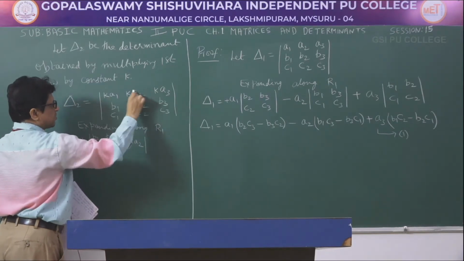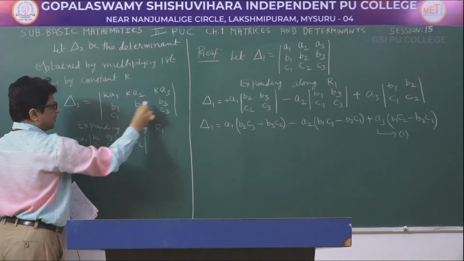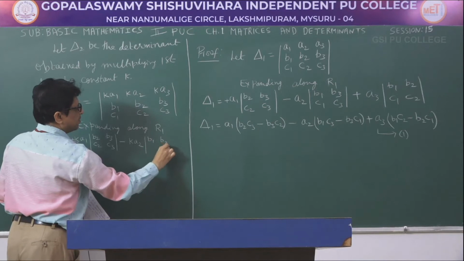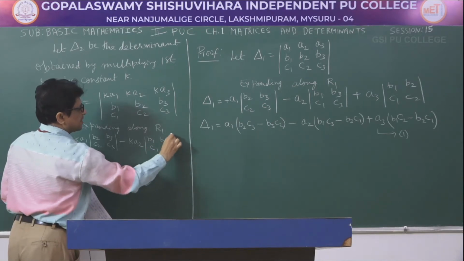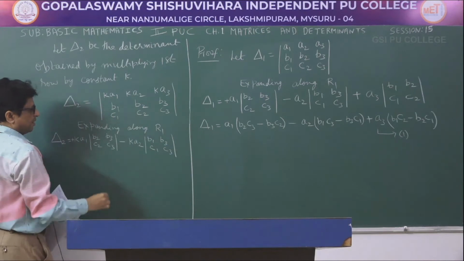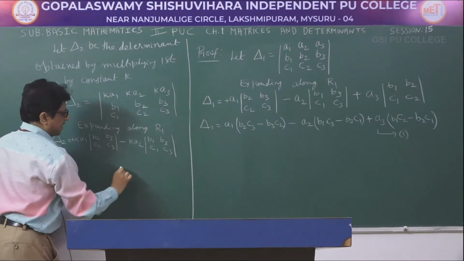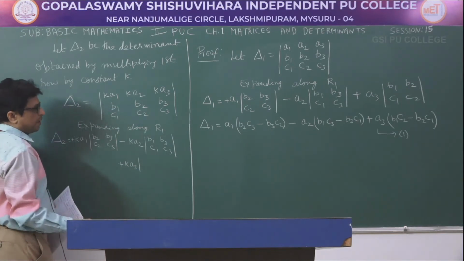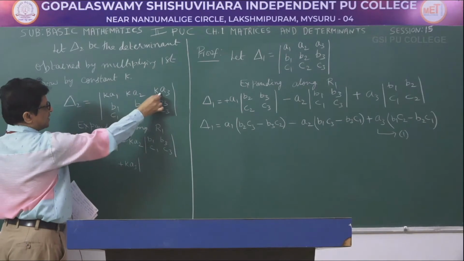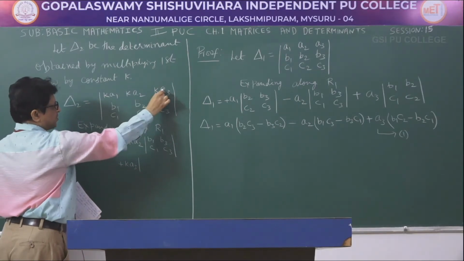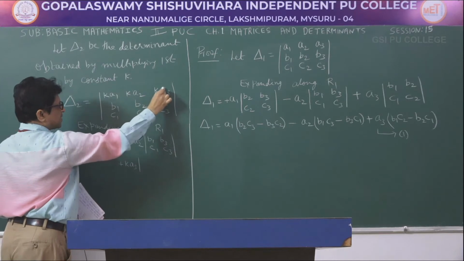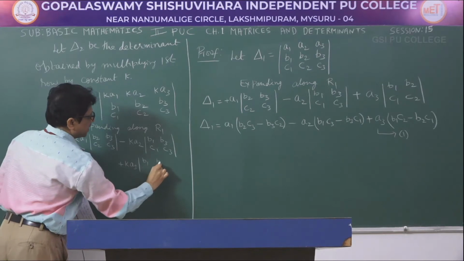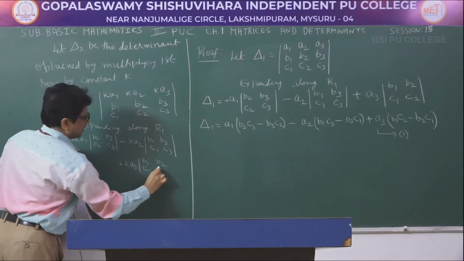We eliminate the first row and second column and take the determinant of the remaining elements, that is determinant of b1, b3, c1, c3. Next element is ka3, plus ka3 into determinant of, so ka3 lies in the first row and third column. We eliminate the first row and third column and take the determinant of the remaining elements, b1, b2, c1, c2.